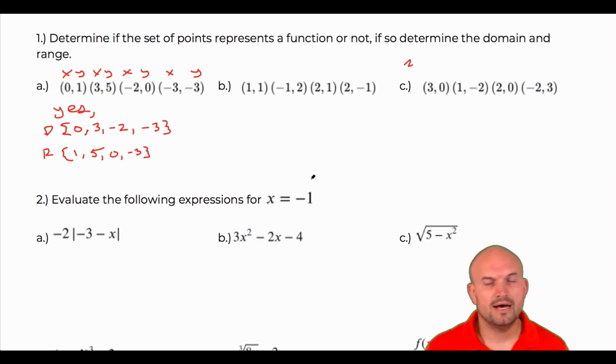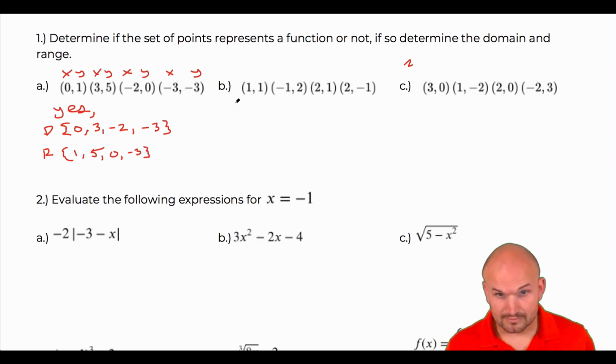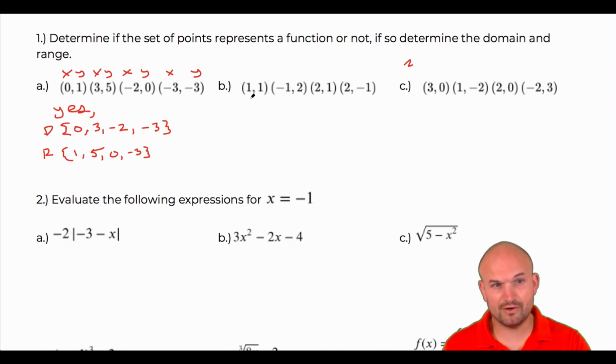For the next one, I'm going to look at the set of the domain as well as the range before answering the question on domain and range. If I do the domain here, I get 1, -1, and 2 looks like it repeats.